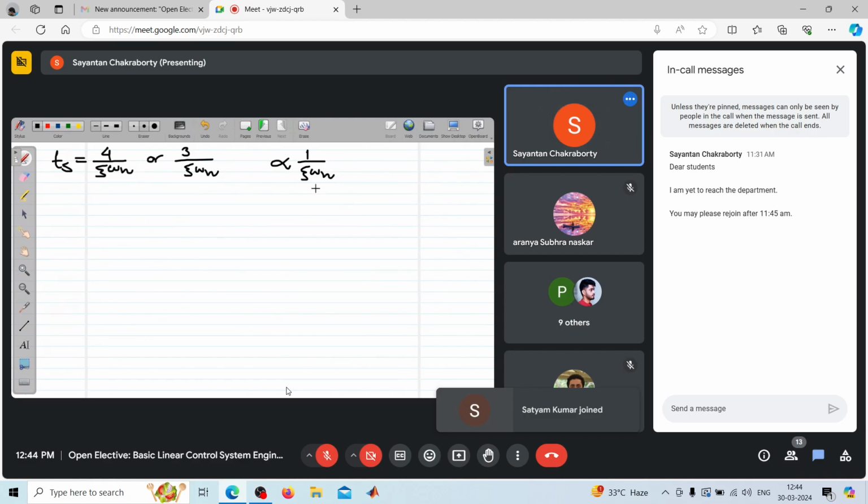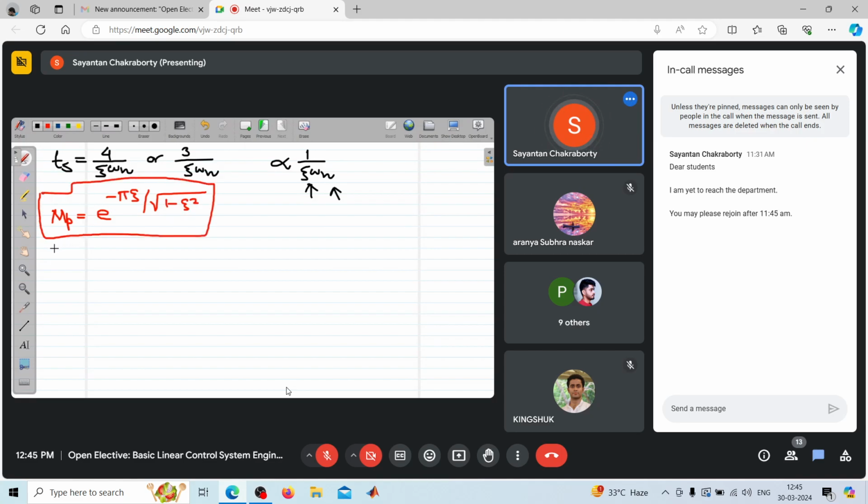Now, this zeta and omega n, can you choose zeta and omega n arbitrarily to make Ts as small as possible? With a very high value of zeta, very high value of omega n, so that it is always a very small settling time? No, you cannot do that because we have already found out that the peak overshoot is defined by this.